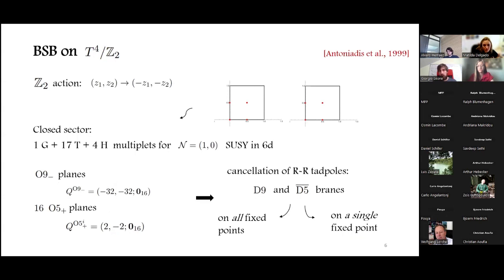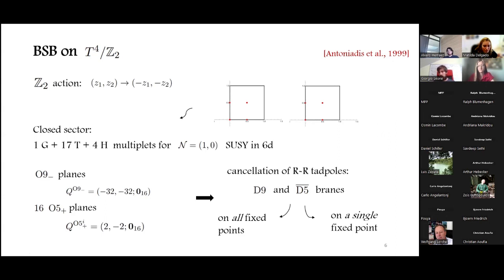This corresponds to the original construction made by Antoniadis, Dudas, and Sagnotti in 1999. And here, the Z2 action defining the orbifold transforms the complex coordinates parametrizing the two tori in the following way, and identifies 16 fixed points indicated here by the red dots.